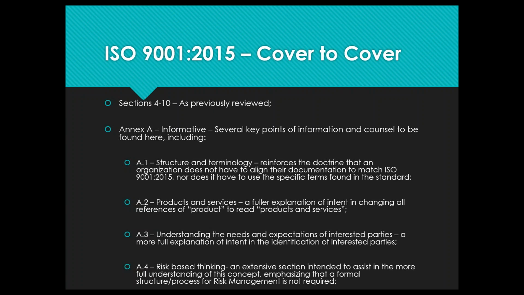So in A1, we have a paragraph that essentially says, if you, the organization, don't wish to align your documentation to match ISO 9001, for example, if you have a procedure for purchasing and you don't want to number that procedure 8.4, fine, you can number your procedure however you want. That should not be an issue on audit day.